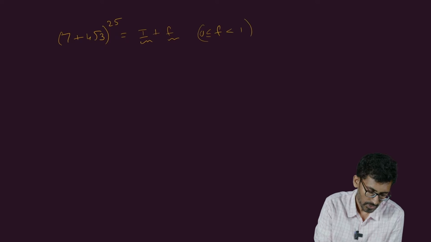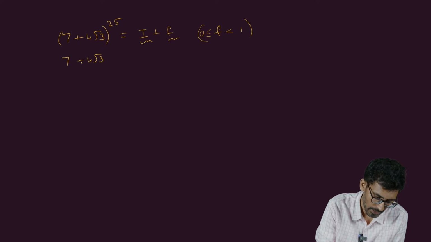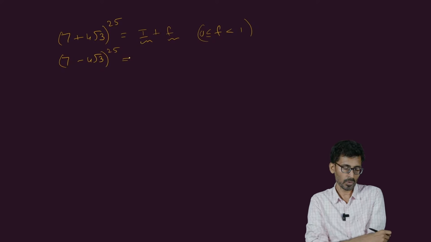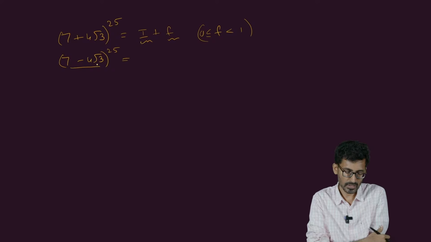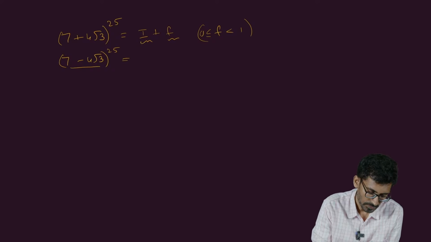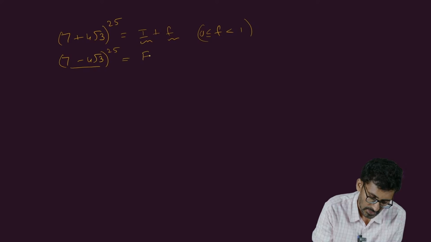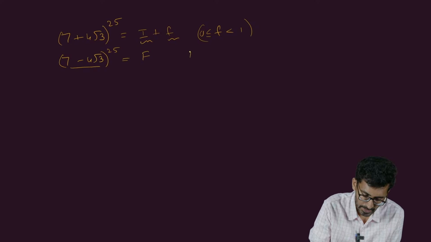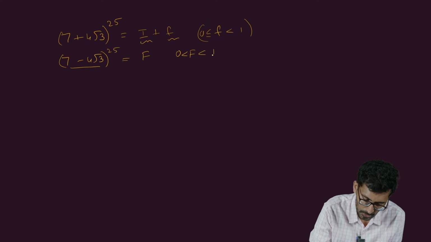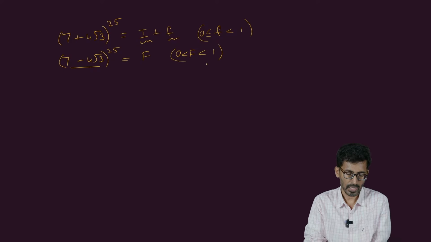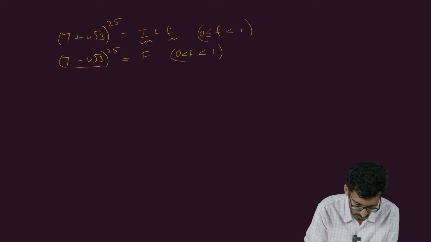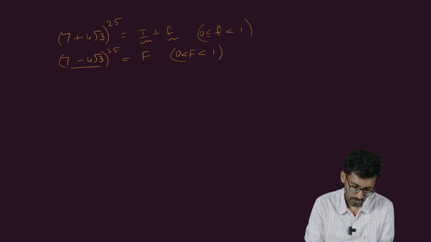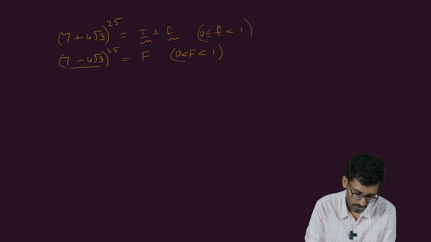So here I will write 7 minus 4 root 3 whole power 25 also. This number 7 minus 4 root 3 lies between 0 to 1, so its power is some term f, again between 0 to 1. 7 minus 4 root 3 whole power 25 is equal to small f, where f lies between 0 to 1.